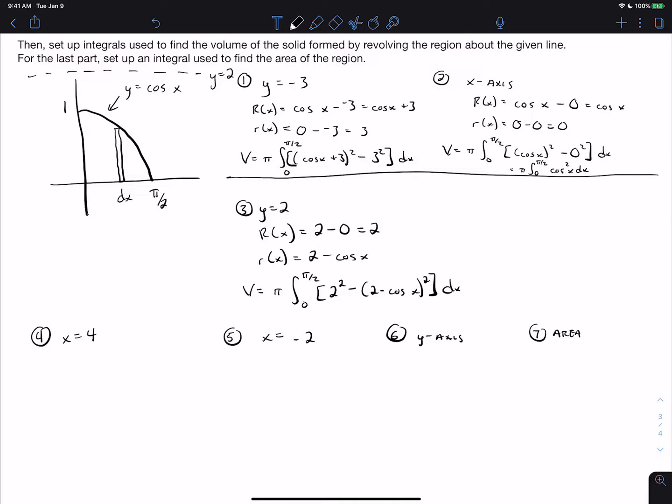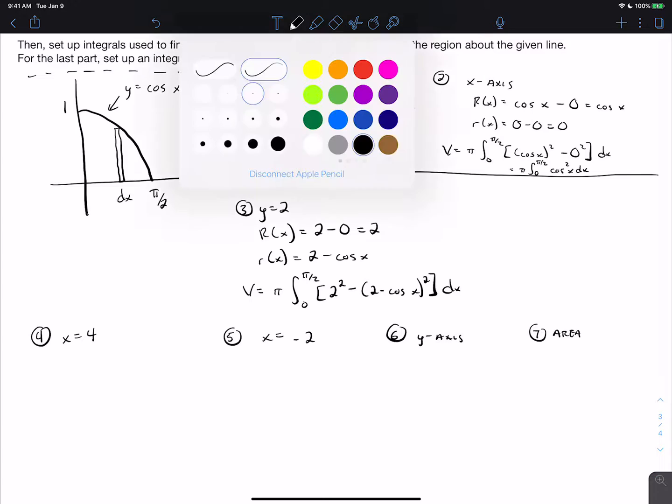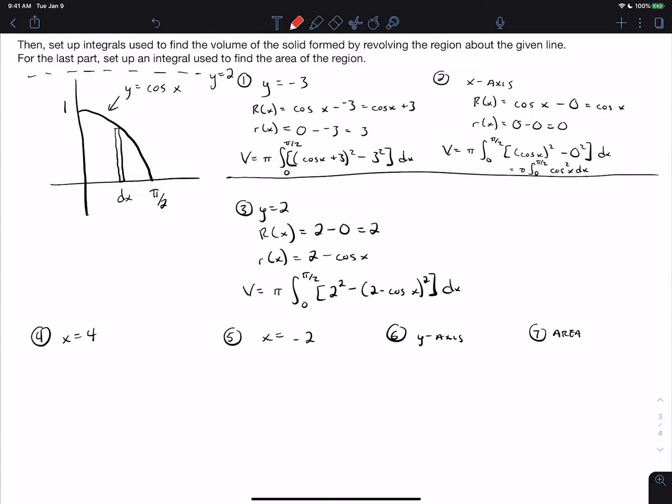Okay, so for these last 4 problems, we're talking about vertical lines, which we think of as being parallel to the rectangle that we've got. x equals 4 is to the right of the region. We use the shell method. R is the distance from the line we're revolving around to the rectangle. That's 4 minus x. h of x is the height of the rectangle.